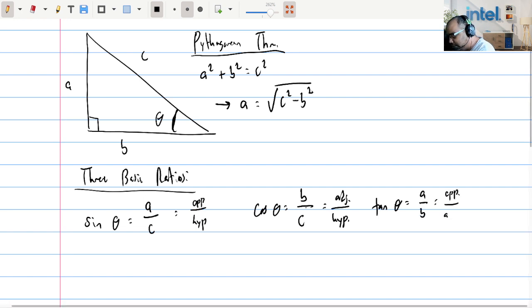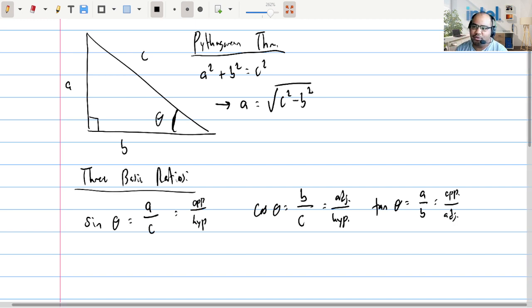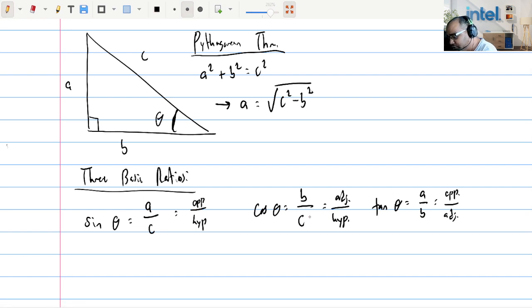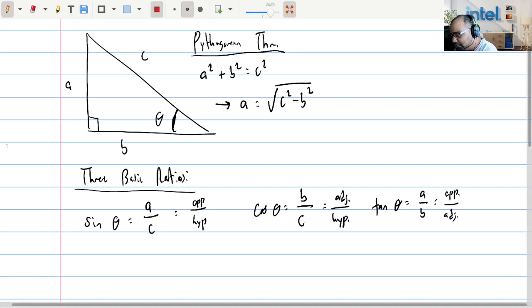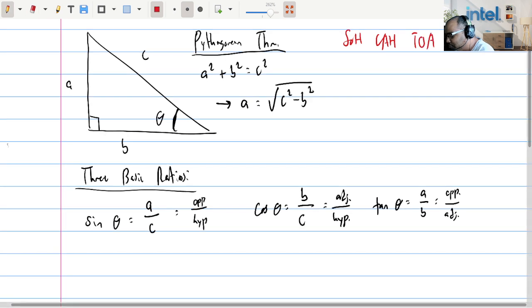The usual way that a lot of folks remember this is SOHCAHTOA. Anytime you're working with classical right triangle trig and you have a triangle to reference, we use SOHCAHTOA. It tells you what goes where.